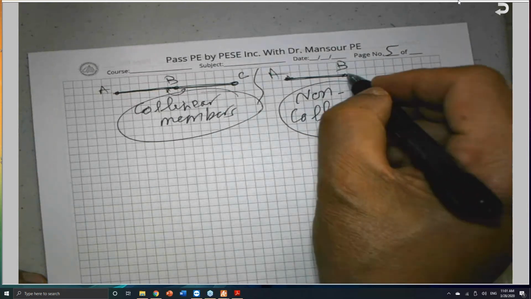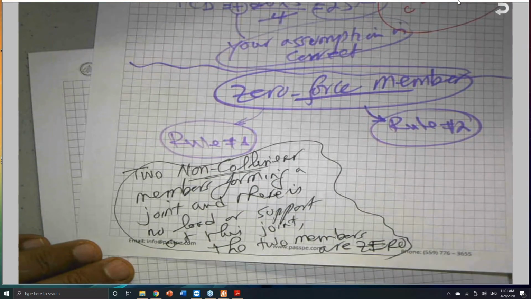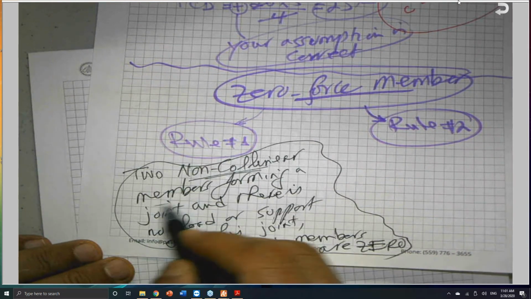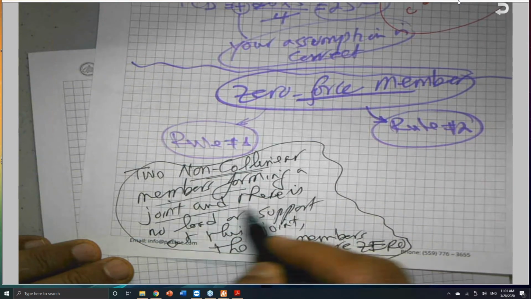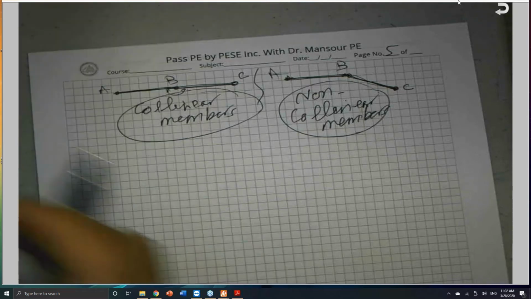They don't have the same bearing or the same line of action. So rule number one is telling me that two non-collinear members forming a joint, and there is no load or support at this joint, the two members must be zero.